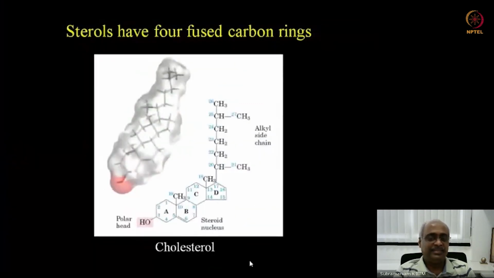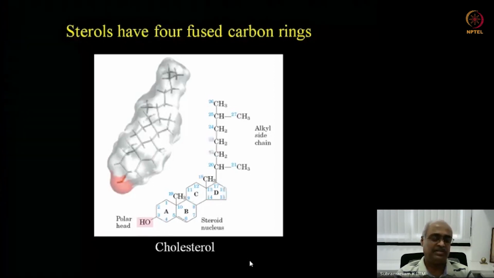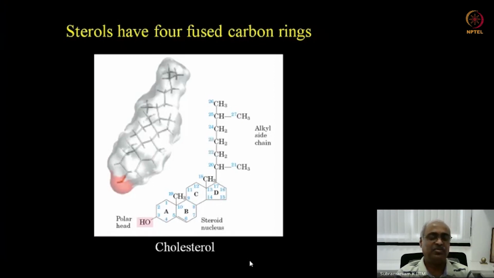So the next is something that we cannot ignore, the way we ignore the archaebacterial specific lipids. Sterols are very important. Okay, cholesterol is one of the main components of our biomembranes. It is important to determine the fluidity, in addition to the unsaturation in the fatty acid moiety of the phospholipids.